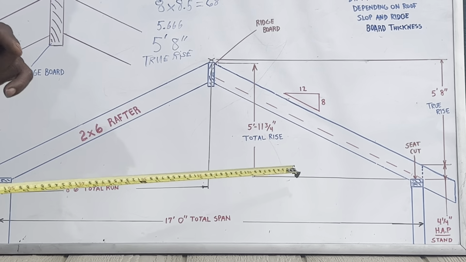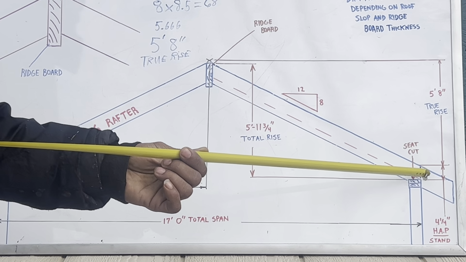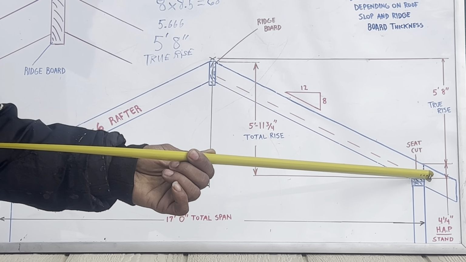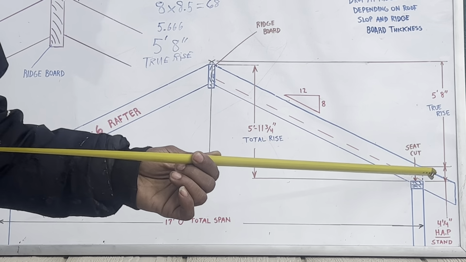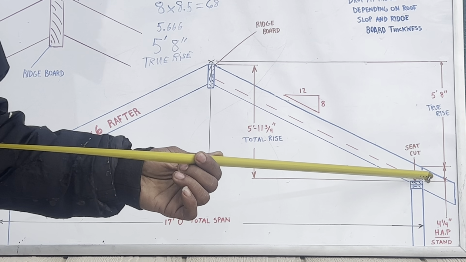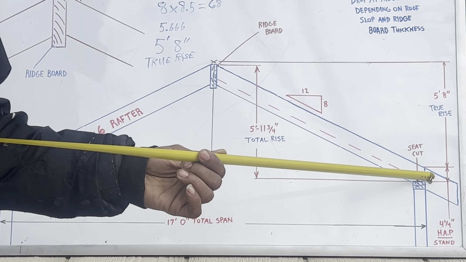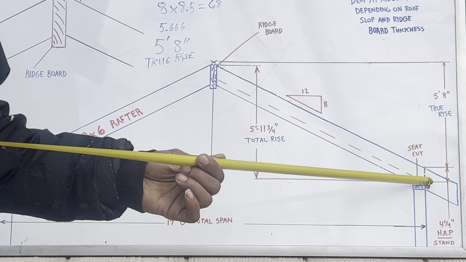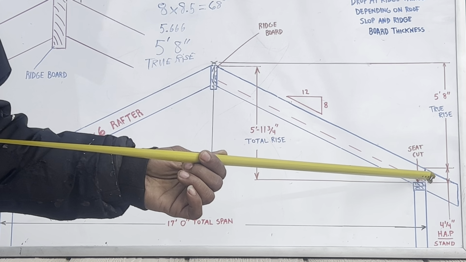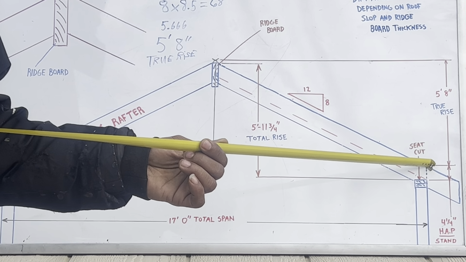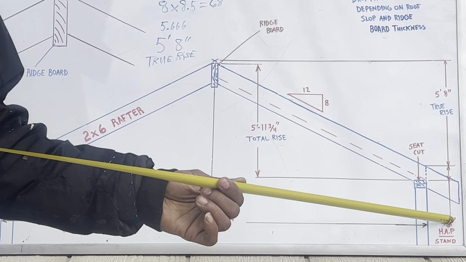If you had seen my video dealing with what is a bird's mouth, you'll know that right here at the corner of the double top plate, depending on what size rafters you're using, in this case 2x6s, the amount that's left of your rafter when you cut your bird's mouth, your heel cut and your seat cut makes your bird's mouth, and the amount of stock that's left above your heel plumb line, in this case is 4 1/4 inches.